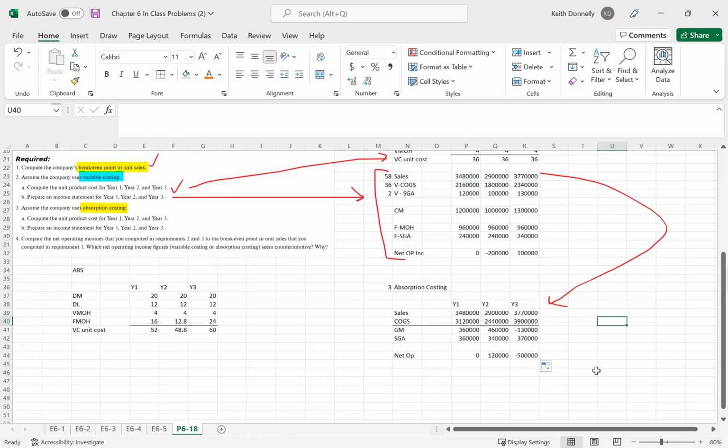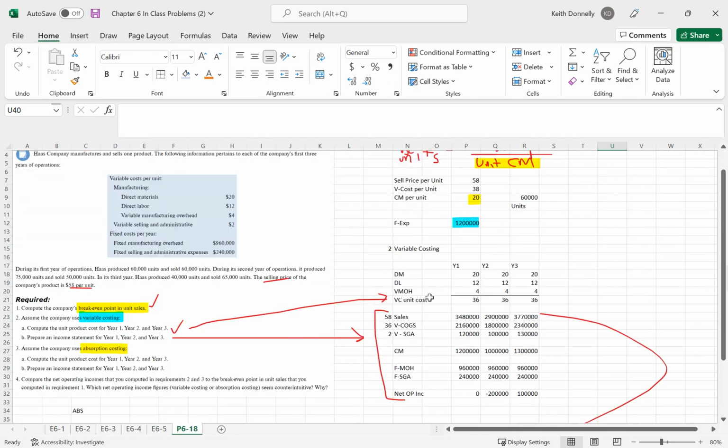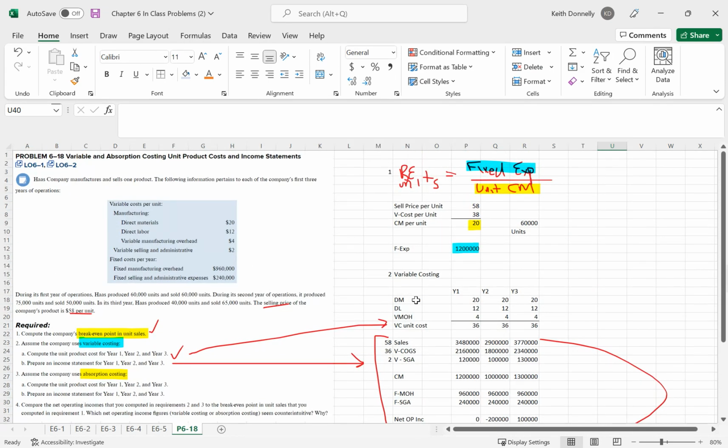All right, we're going to skip 4 here. We don't need to do that. We're running over on time here. So the idea with this is just a rerun of what we've done. It's a little bit more complex here. But at the end of the day, what's this chapter all about?